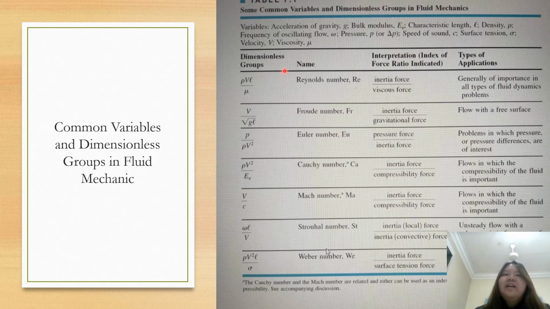So as we can see, there are Reynolds number, Froude number, Euler number, Cauchy number, Mach number, Strouhal number, Weber number. So this is how we can get all the numbers, and these are the applications. So these are the basic dimensional groups that we have to know.